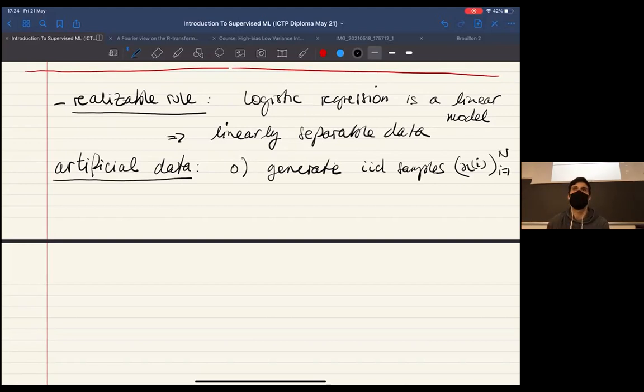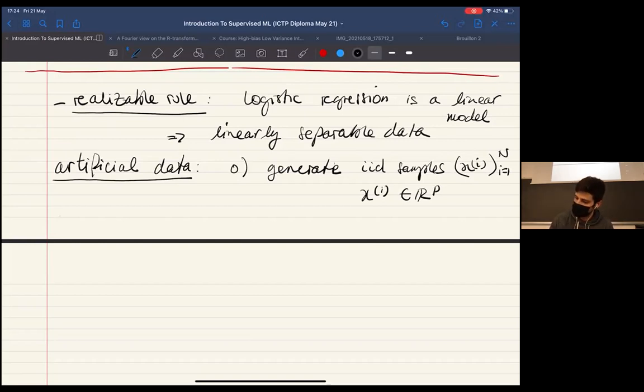For example, this could be Gaussian vectors, or with binary components, or whatever you want. Each sample is p-dimensional, and each component is interpreted as a feature. So you can generate totally random vectors. And how to make sure that these vectors will be linearly separable? You create the associated labels according to a linear rule, and that's it.